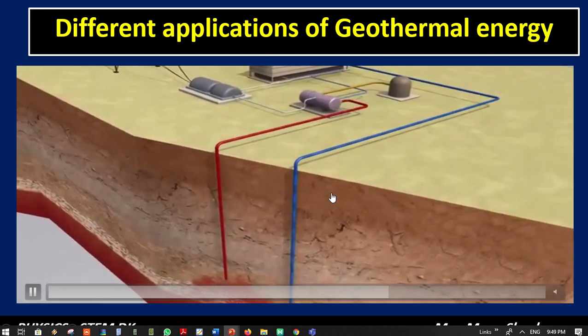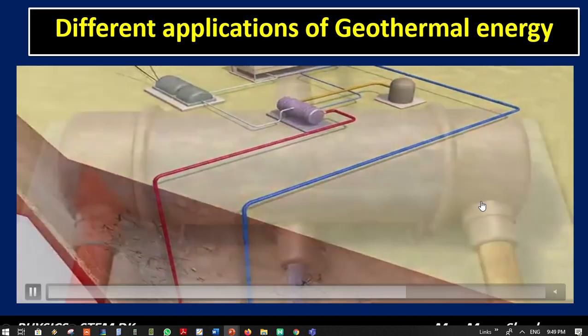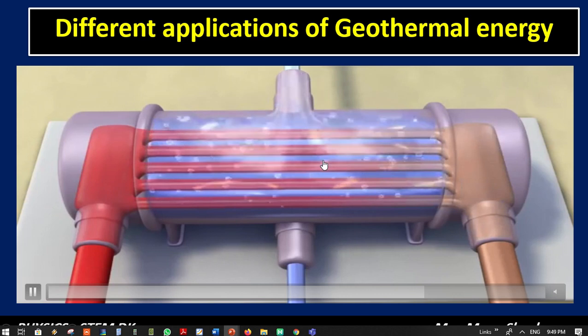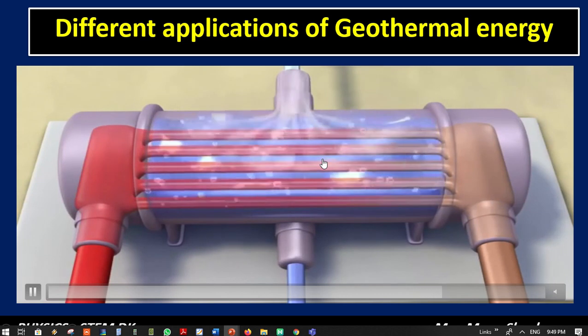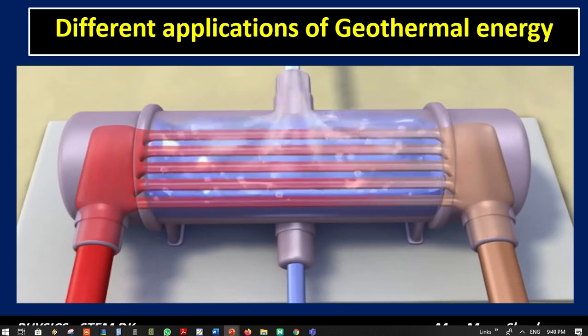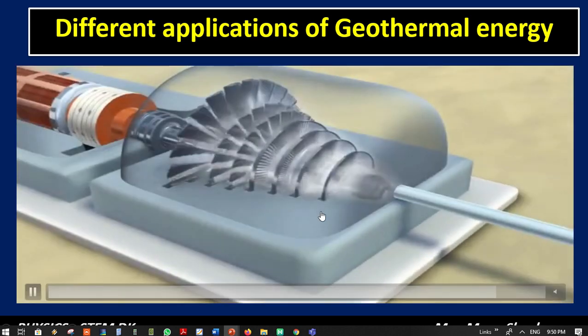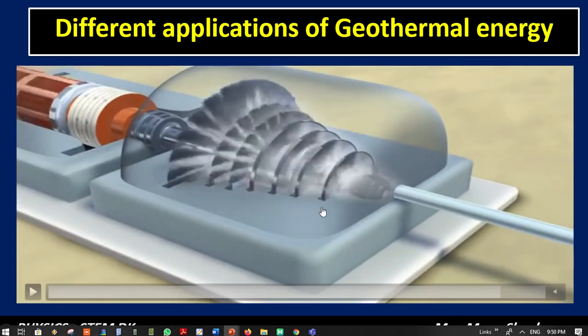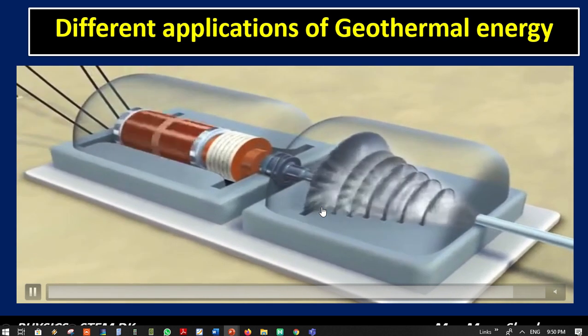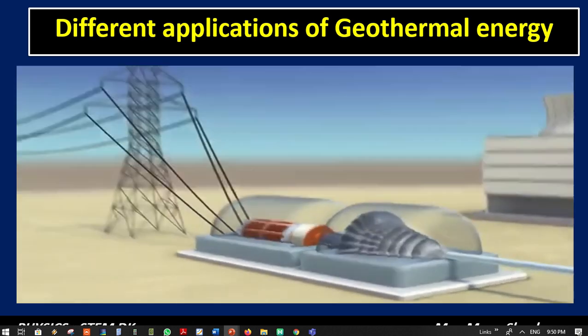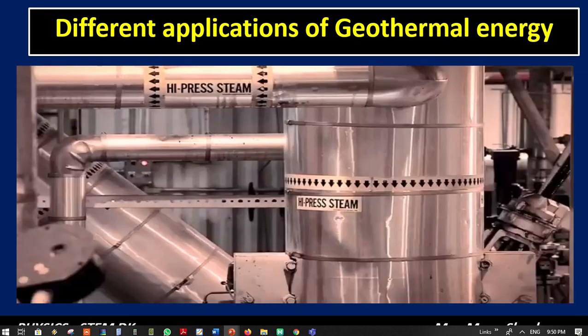So there is a heat transfer here between the two fluids, called a heat exchanger, which joins the hot water with the fresh water, and so on. It rotates the turbines and generates electricity.